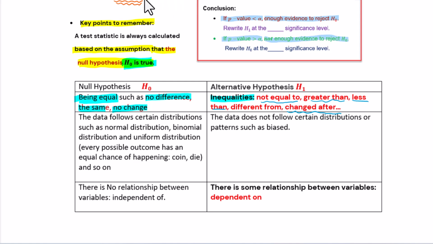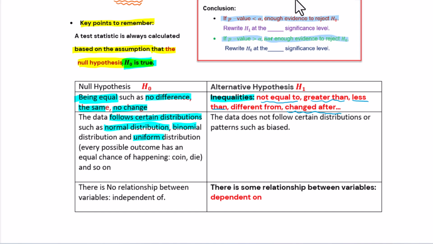For H0, we use the words follow certain distribution, such as normal distribution, binomial distribution, and uniform distribution.